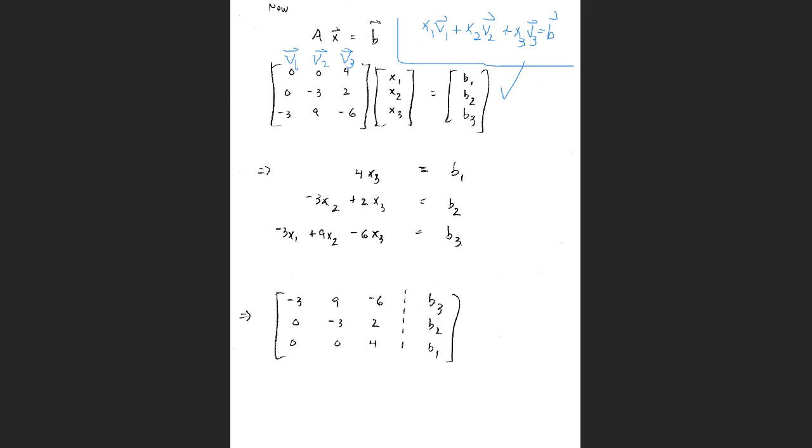So the vector equation leads us to the matrix equation. And then the matrix equation, by virtue of multiplying matrices, taking A and multiplying it by the vector X, leads us to a system of equations. So the vector equation yields a matrix equation, and the matrix equation yields a system of equations.